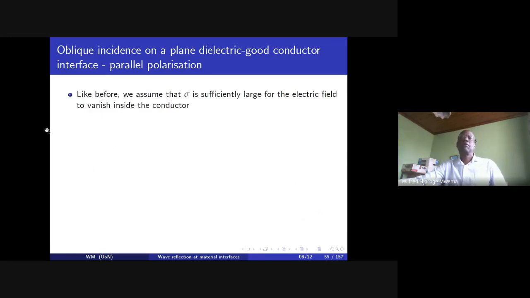So like before, we'll assume that the conductivity of medium 2 is large, sufficiently large such that the electric field intensity vanishes inside the conductor.